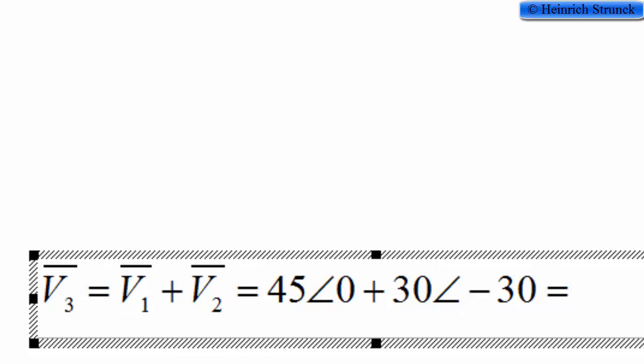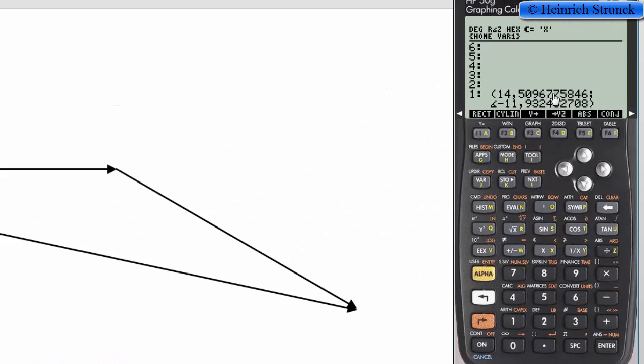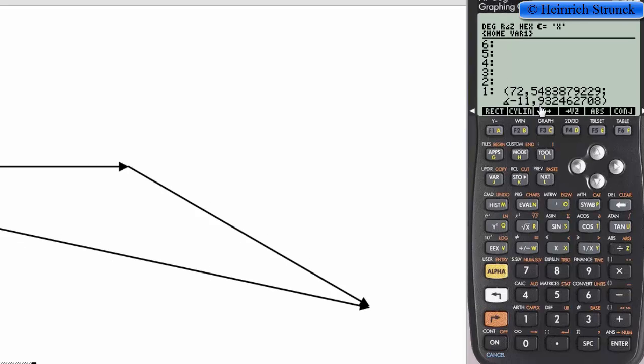It would be nice if equation could make this calculation automatically, but we just have to get the number from the calculator. Now we should remember that this was the length of the vector, so we have to divide by 0.2 to get the original value, and that was 72.5 at an angle of negative 11.9.